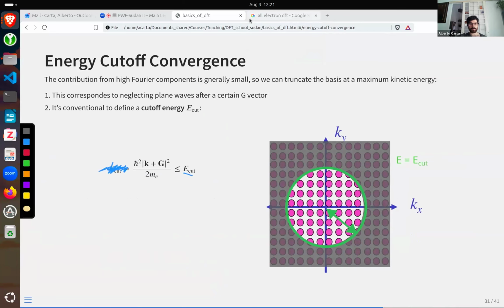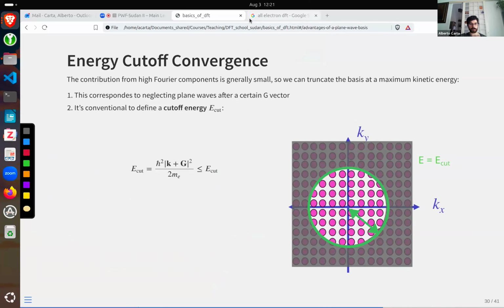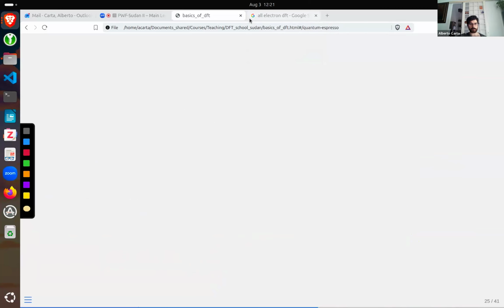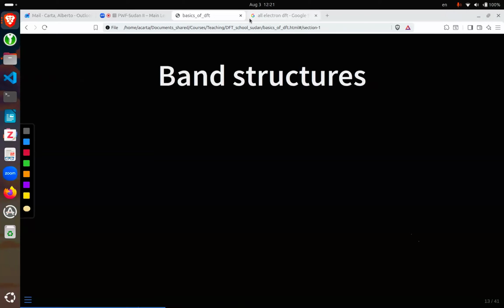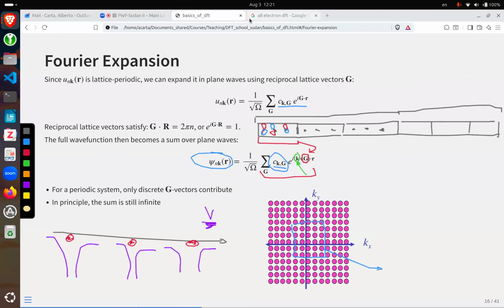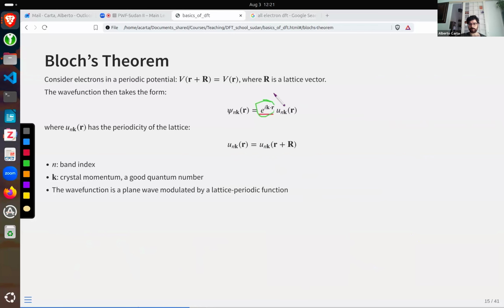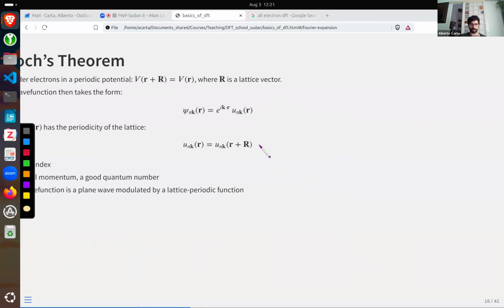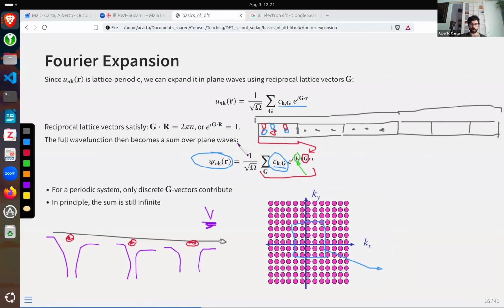So this comes from the fact that, if you remember, if we go back to the Bloch theorem, we know that the full wave function is written as a sum over these G vectors of this part here.